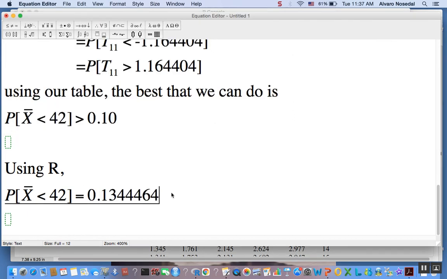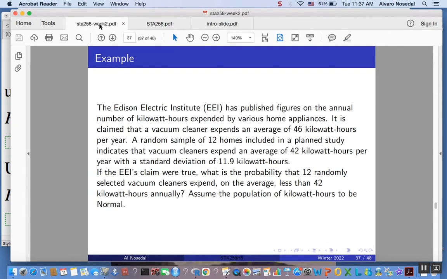Okay, so we're done. Let's summarize. We had this problem where we wanted to say something about x bar, the sample mean, and we had the assumption that our observations came from a normal distribution.